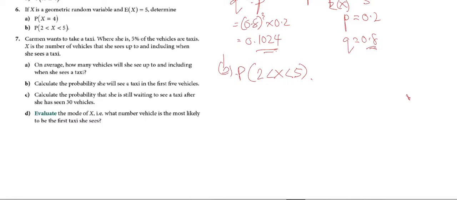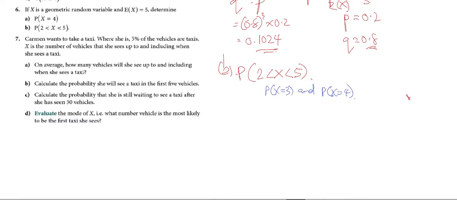The probability between 2 and 5, excluding 2 and excluding 5, is basically the probability of X equals 3 and the probability of X equals 4.